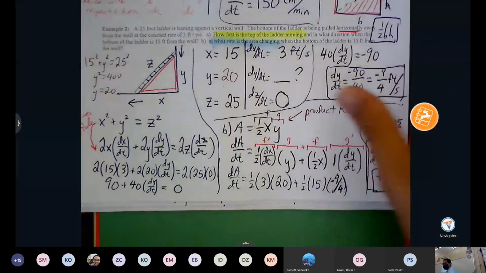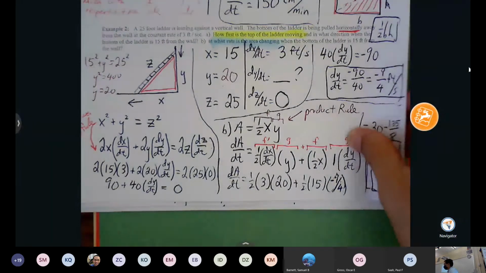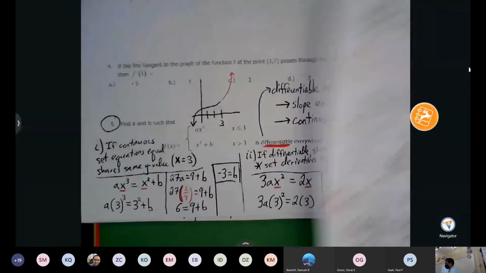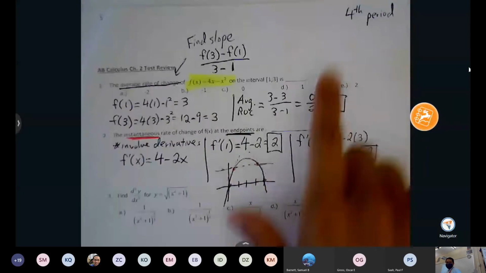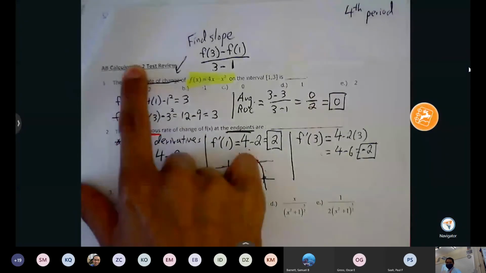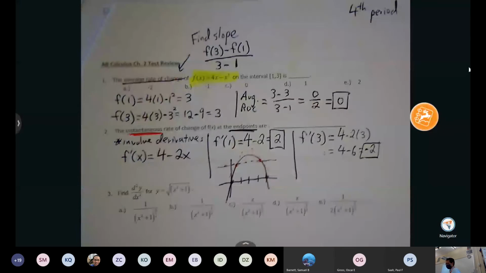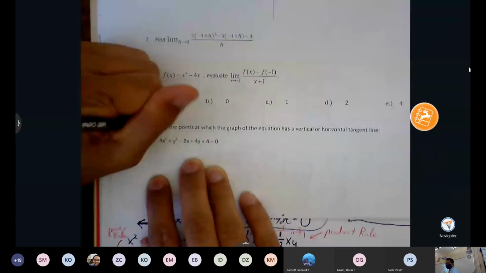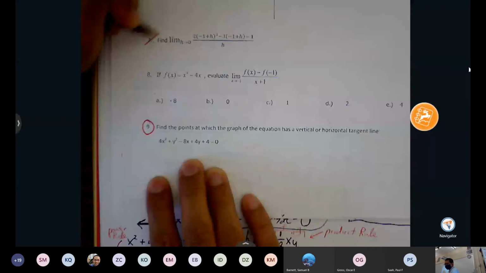Okay, let's go to our test review. So on this test review sheet, if you guys can flip to the back and go to number 9. If you can cross off number 7 and 8, these are from 2.1.